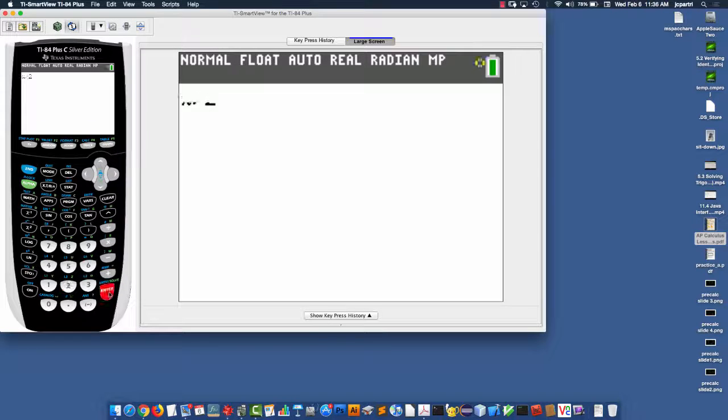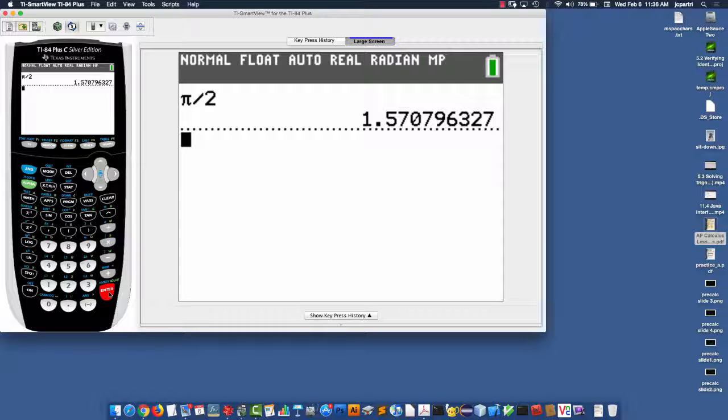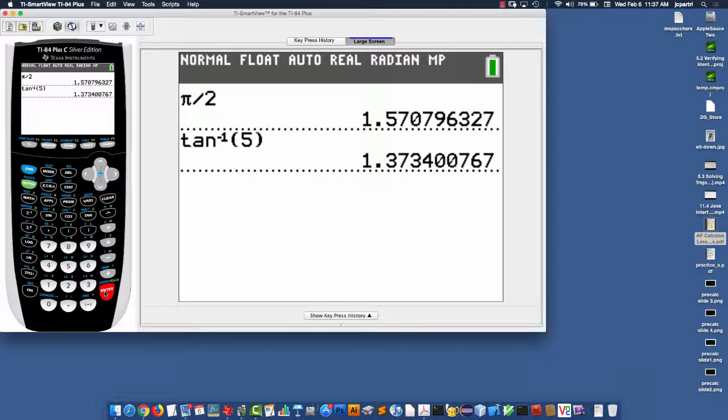That's 90 degrees, right? And so that's 1.57 radians. All right, let's do inverse tangent, which is the same as arctangent of 5. What number am I going to get? I get a number that's smaller than pi over 2. So this is in quadrant 1.